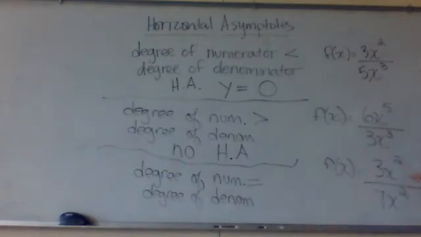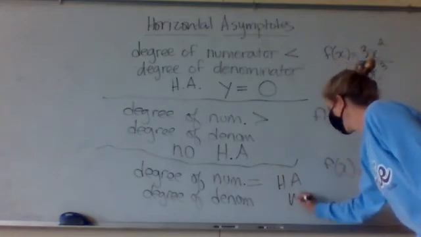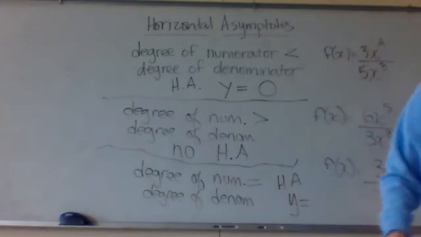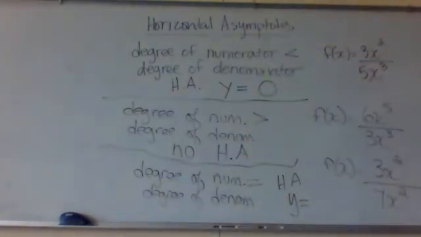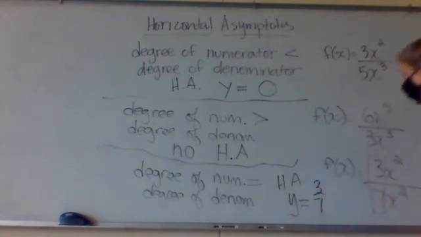So since these have the same degree, your horizontal asymptote is at y equals the leading coefficient of the numerator over the leading coefficient of the denominator. In other words, this right here. Y equals, again, this leading coefficient over this leading coefficient. So this, if it was this problem, it would be y equals 3/7.